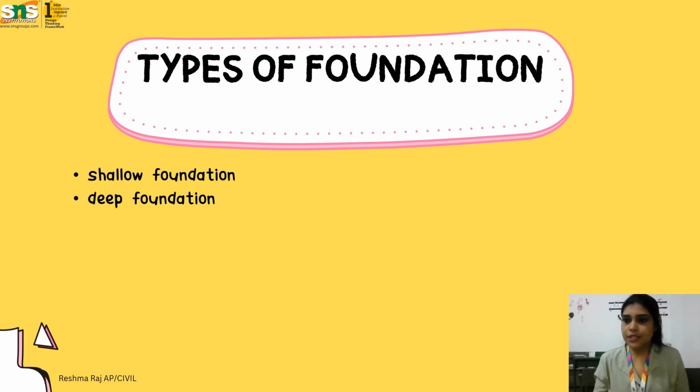Shallow foundation, also known as spread footing, is commonly used when the soil near the surface is strong enough to support the load of the superstructure, that is, the load of the building, without the need for extensive excavation or deep penetration into the ground. If the properties of the soil right beneath the building are very good and it can bear the load of the building, we go for shallow foundation.